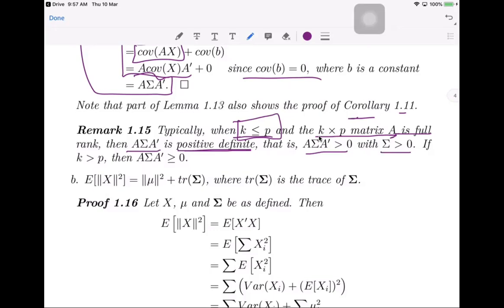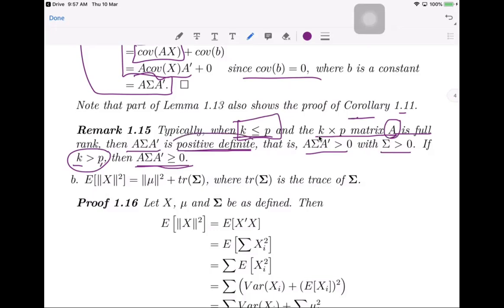Otherwise, if K is greater than P, remember K and P are the dimensions of your A, then it is only non-negative definite. You have A sigma A prime is non-negative definite.